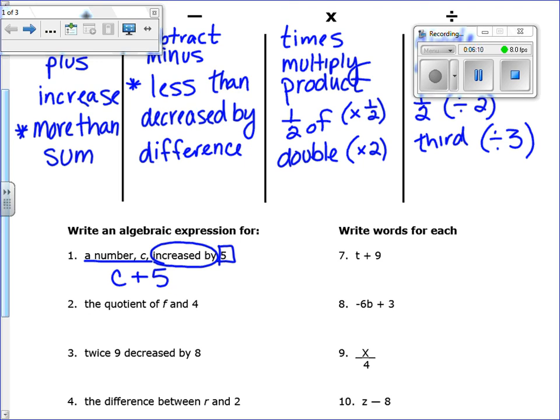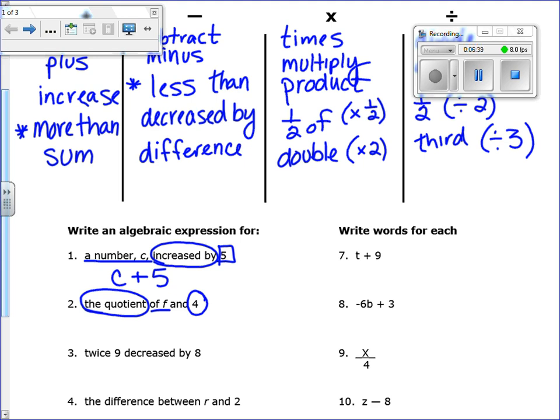Now I see the quotient, that's my operation. Circle your operation. Underline your variable and circle your final term. All right, or circle your number. Quotient means divide. Okay, now when I see quotient of F and 4, that means I need to divide F and 4.